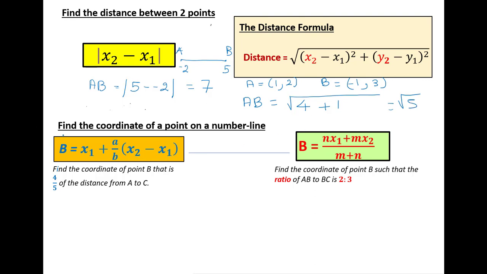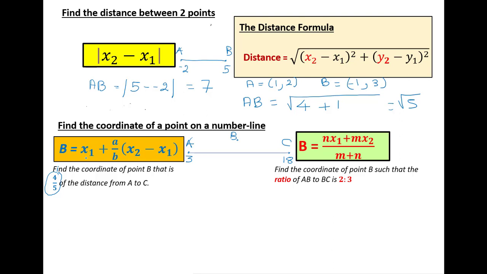Now, in order to find the coordinate of a point on a number line, we use these two rules in different cases. So when he gives me a problem in the form of find the coordinate of a point B that is 4 over 5, and I can see a fraction here, and B will be something, I don't know where yet, something in the middle, okay?